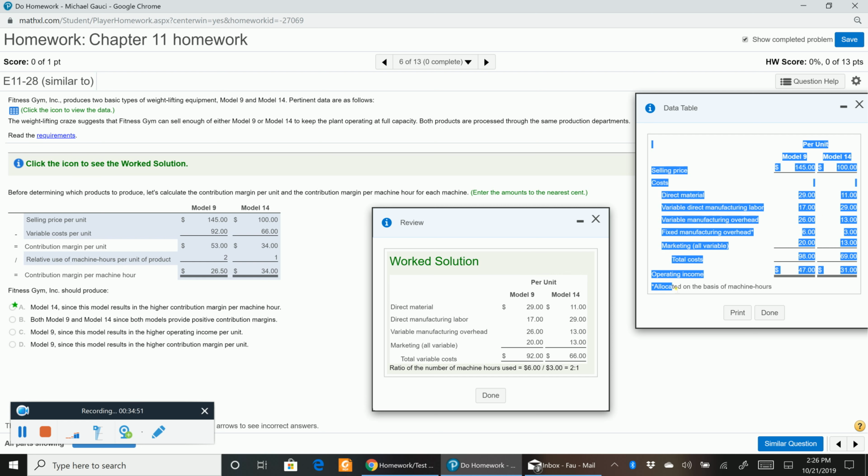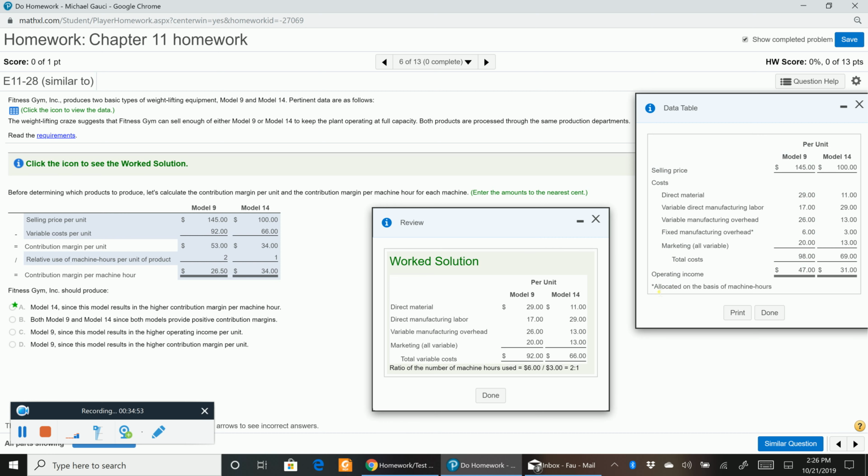And the little asterisk down here on the bottom says the allocation is based on machine hours. You know what this tells me? It takes twice as long to make a Model 9 as a Model 14, doesn't it? Think about that logically. If I allocated double to Model 9 than 14, it takes double the amount of time. So for every 2 hours to make a Model 9, only 1 hour to make a Model 14.